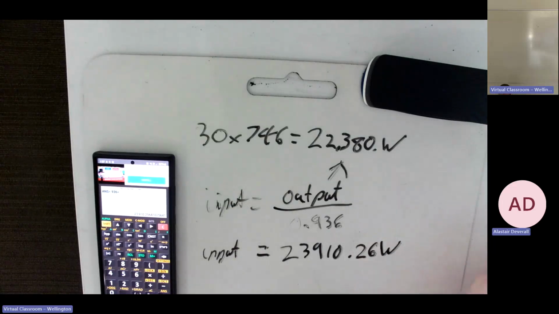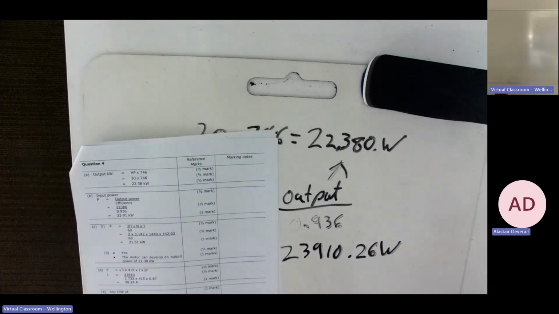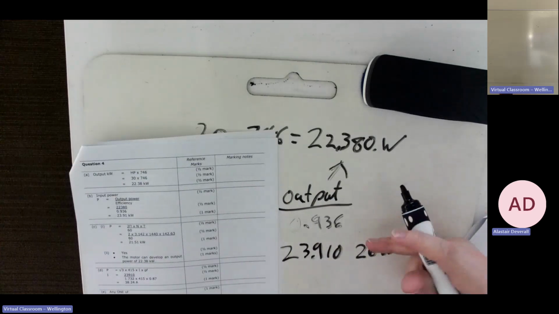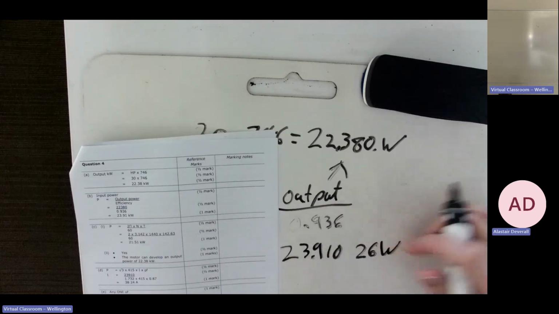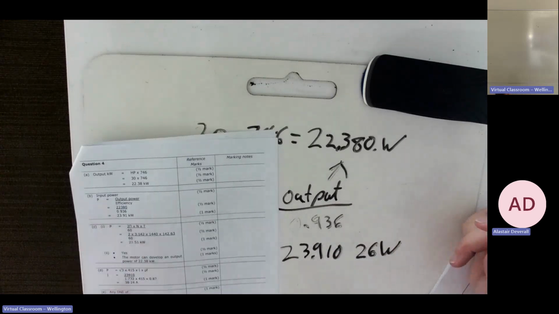When we look at the model answers, it says 23.91 kilowatts. We move our decimal place 3 to the left, which makes it 23.91 kilowatts, ignoring the rest, which would have matched the model answers.